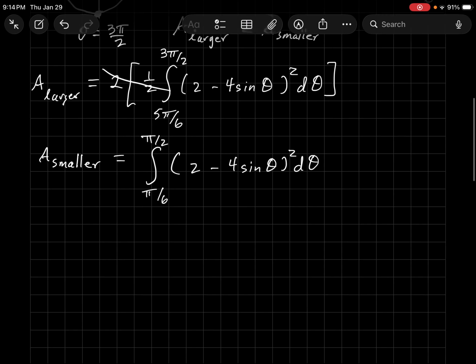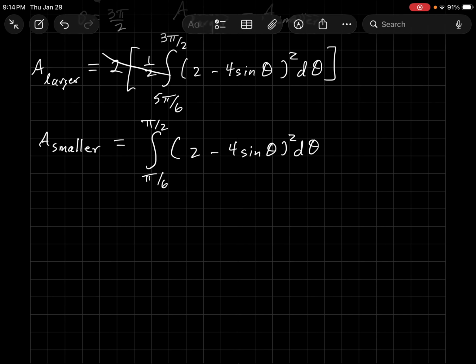All right, now we got to do some work. So let's find the area of the larger loop. Which is going to be the integral from 5 pi over 6 to 3 pi over 2 of, and we got to multiply this out.